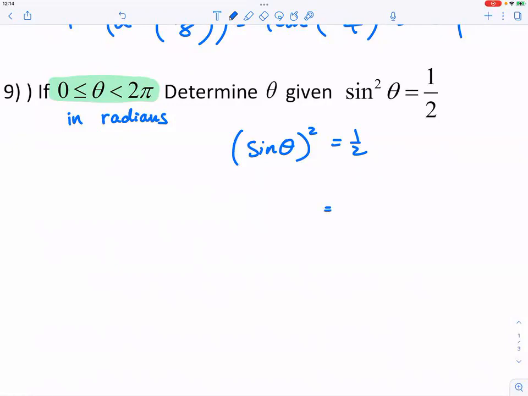Well, to find theta, what do you need to do? Get rid of the square, and then get rid of the sine. So let's get rid of the square first by taking the square root.